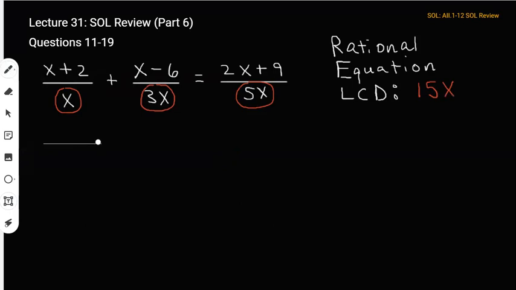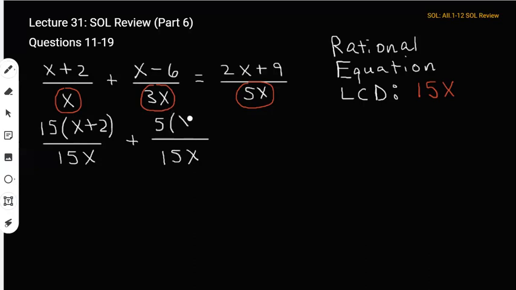So for the first fraction, I'm going to have 15x at the bottom. Notice that we're taking this x up here and multiplying by 15, so I need to multiply the top by 15 as well. So I'm going to have 15 times (x + 2). Then for the next fraction, I'm still going to have 15x, but in order to go from 3x to 15x, I need to multiply by 5.